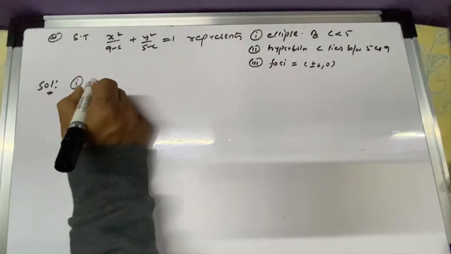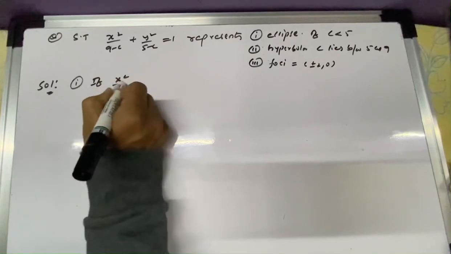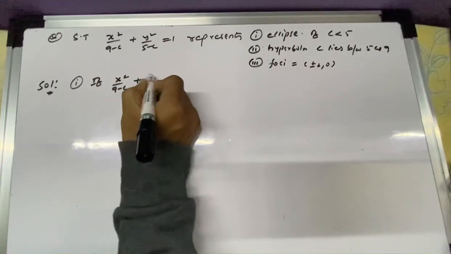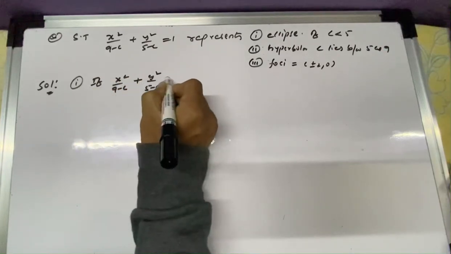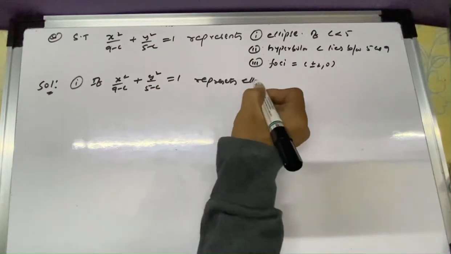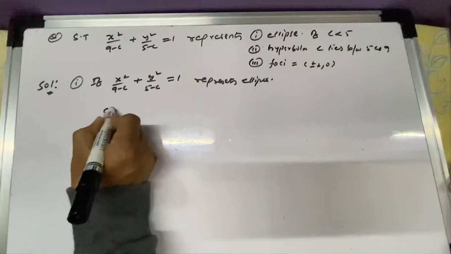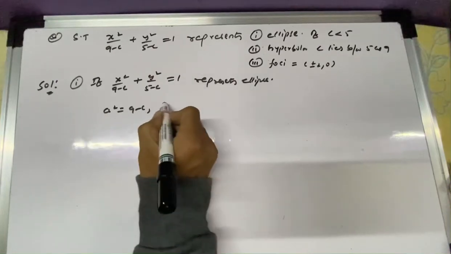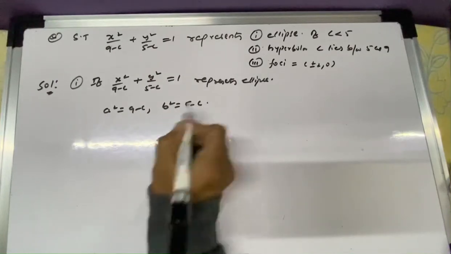First one, if x square by 9 minus c plus y square by 5 minus c is equal to 0 represents ellipse. So a square equals to 9 minus c, b square equals to 5 minus c.